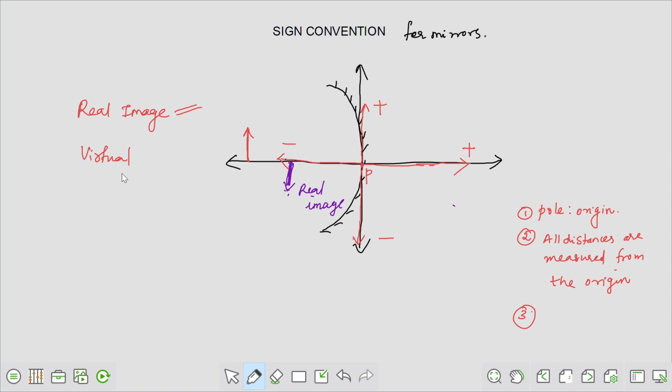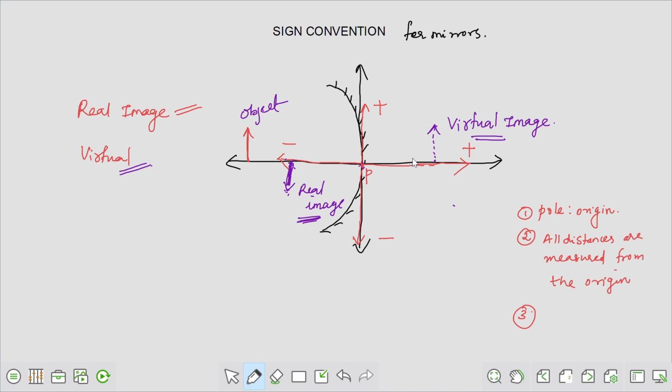Now what about the virtual image? Virtual images are formed at the right side, above the axis. This is our virtual image. So we get the real image in front of the mirror below the axis, and the virtual image behind the mirror above the axis. These are the things that you should know about the concave mirror: object position, and image position for real and virtual images.